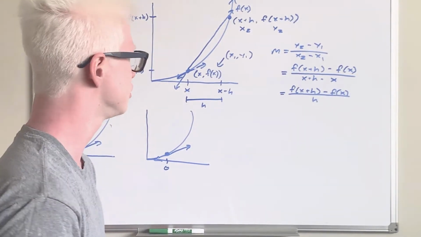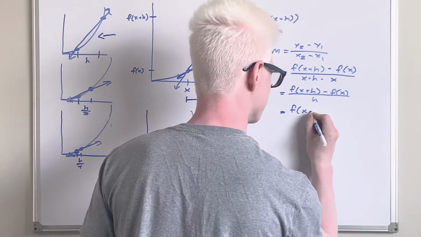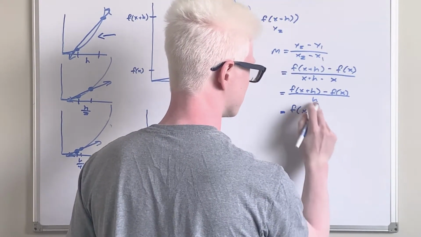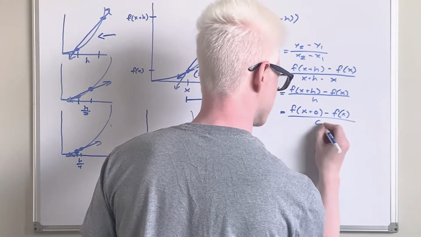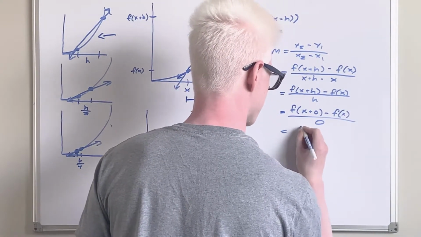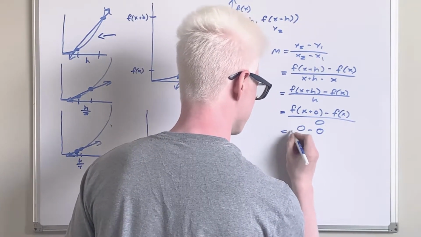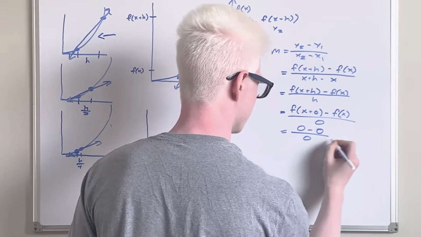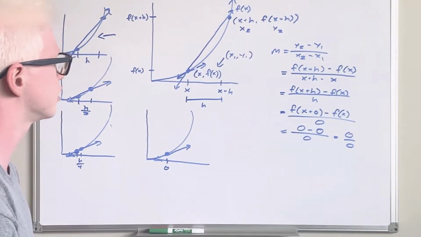You would say, okay, let's see what happens if I do it anyway. So f of x plus 0, because h is going to be 0, minus f of x all over 0. And this would give us 0 minus 0 over 0, and that's undefined. So then, how do we get around this?